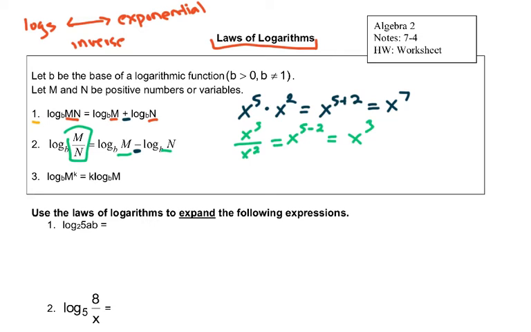And then number 3 is saying that if we're raising our term to a power, we can bring it down in front and multiply. How does this relate when we raise a power to a power? For example, if I had x to the 5th squared, when we raise an exponent to a power, this becomes x to the 5 times 2, which is x to the 10th.